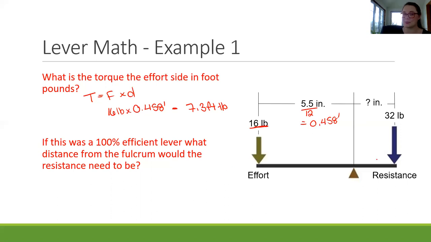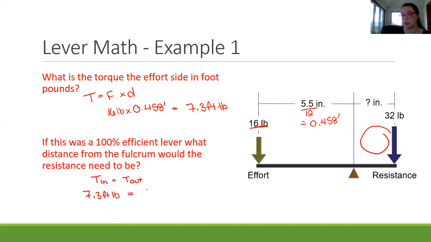So pretty easy. If this machine was 100% efficient, what distance would we have to have over here? Well, we know the torque in has to equal the torque out. The torque on my effort side is 7.3 foot-pounds.